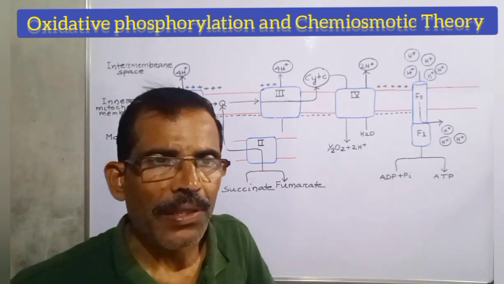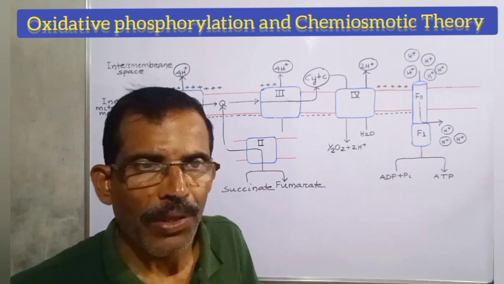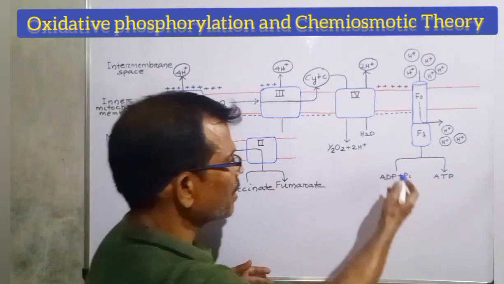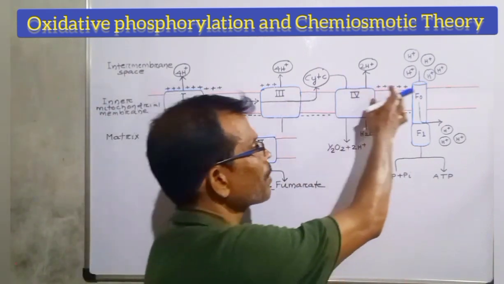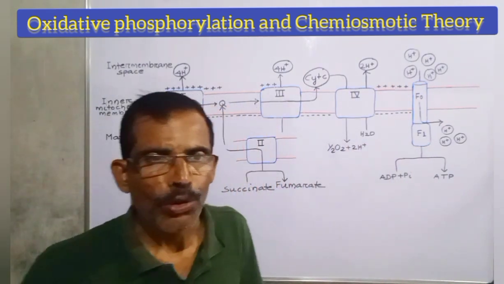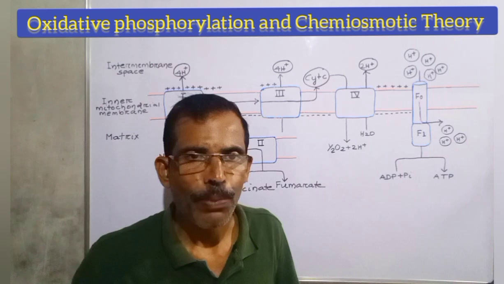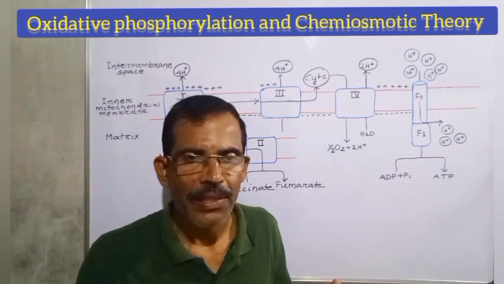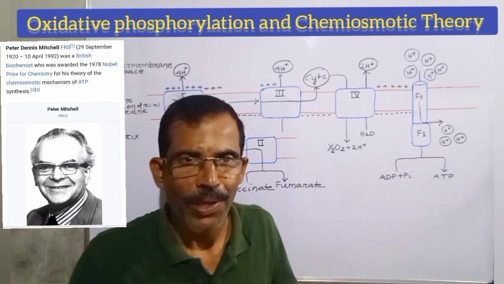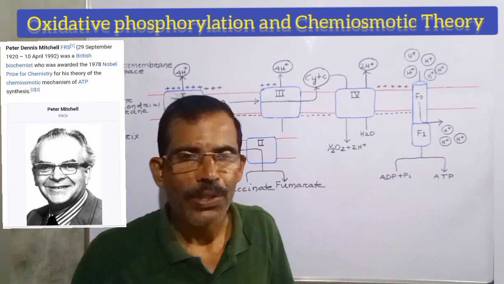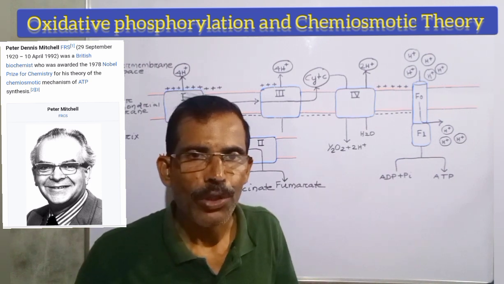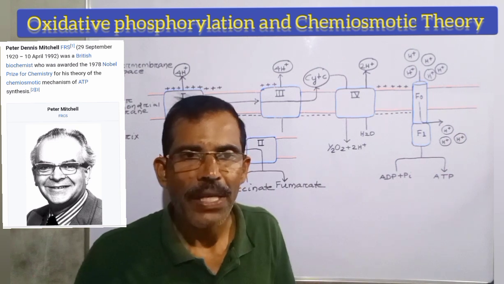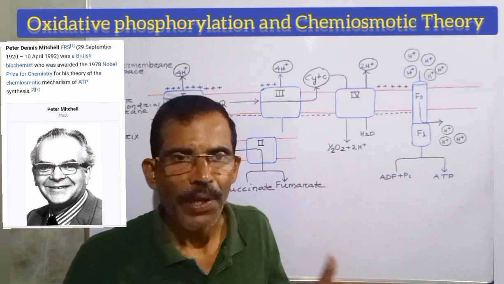In addition, there is electric potential because the matrix is more negatively charged as compared to the intermembrane space. Both of these components, the proton concentration gradient and the electric potential, together constitute the proton motive force, which according to chemiosmotic theory is the main driving force for the synthesis of ATP.